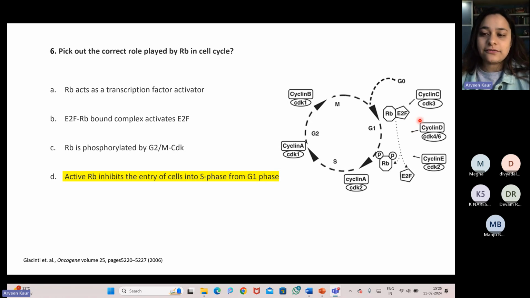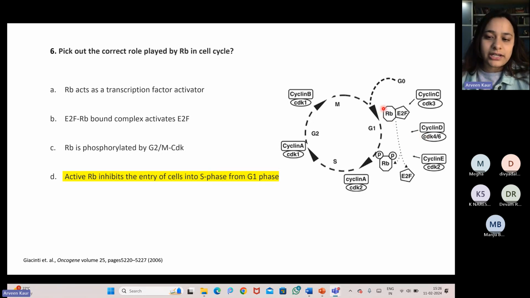But what happens if the correct CDKs that should be present in this particular phase of the cell cycle come up together? The CDK cyclin complex comes up and they form a correct complex. They come over here, and what will the CDK do? It is a kinase. It will phosphorylate its substrates, right? So one of its substrates that it phosphorylates is this RB.